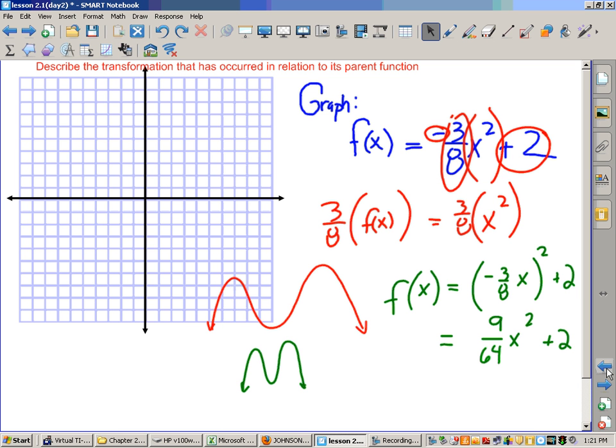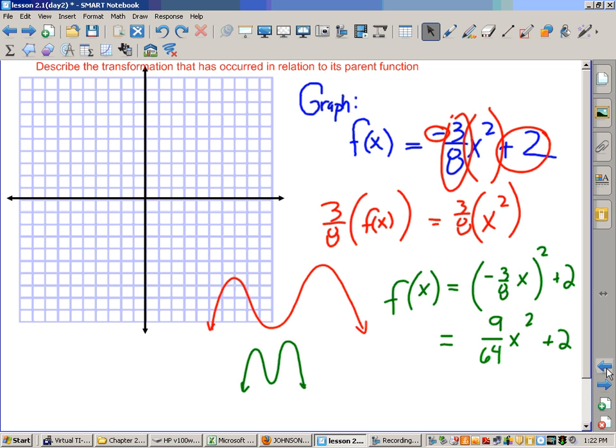But in Algebra 2, a lot of times, here's your thinking cap again, this is a horizontal stretch, this right here is a vertical compression. We're going to talk about the vertical compression a lot more than a horizontal stretch.